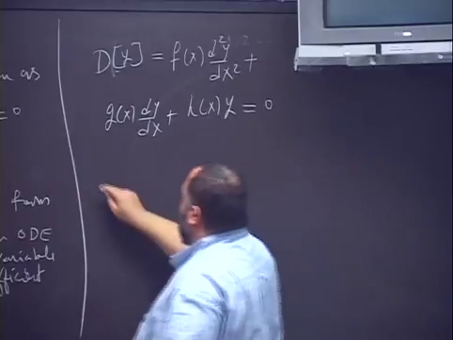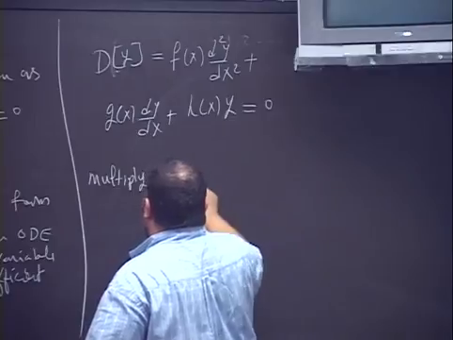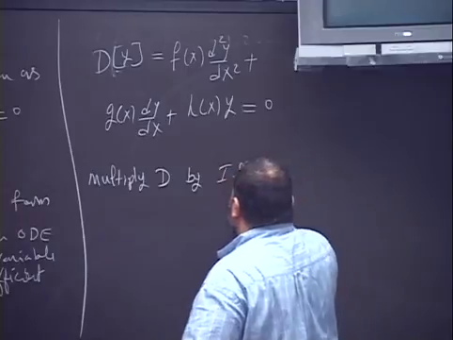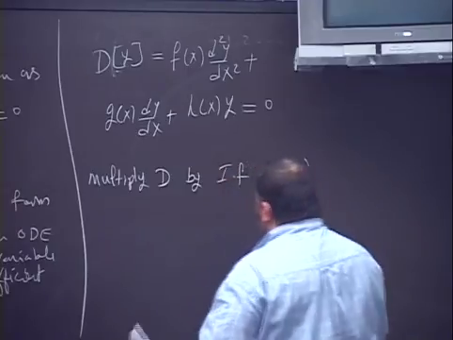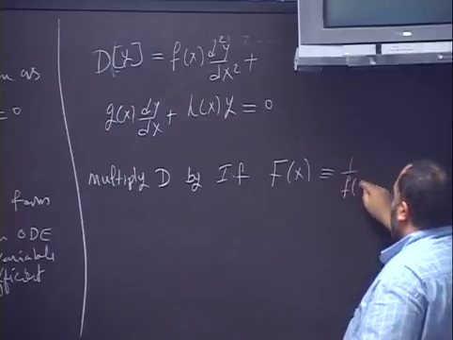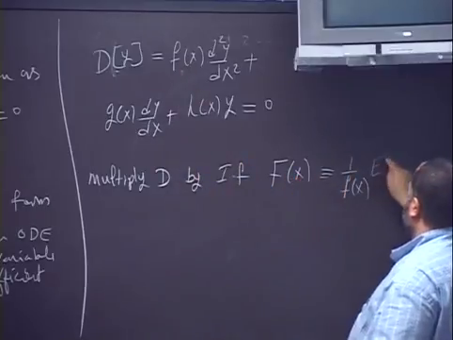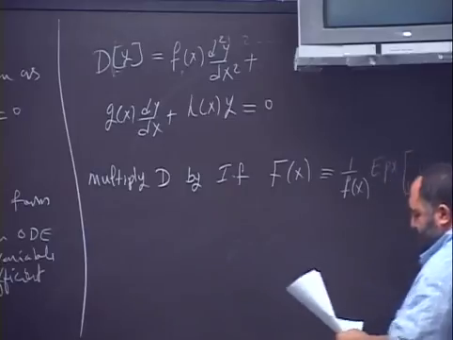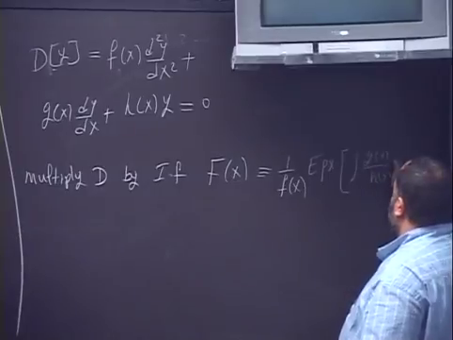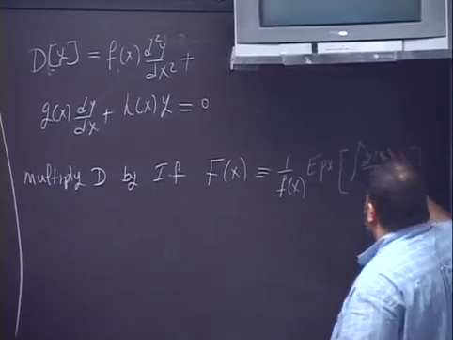So if we multiply the operator equation D by an integrating factor, this integrating factor is 1 over the function f of x multiplied by the exponential of the integral of g of x divided by f of x dx.